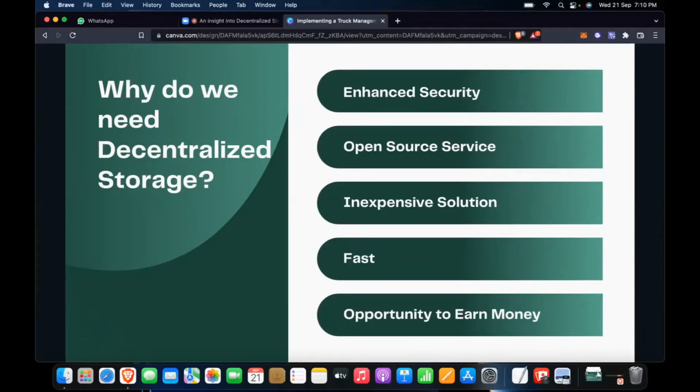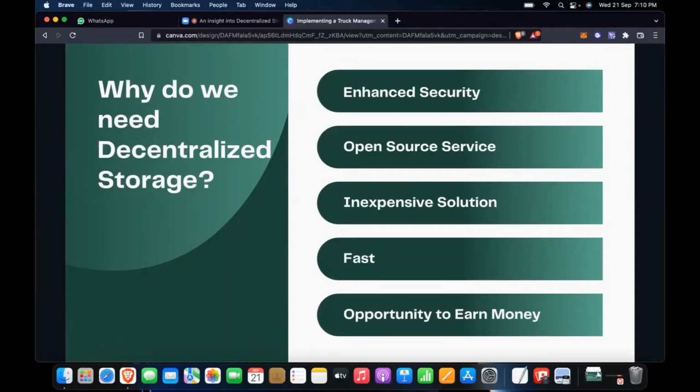It's an open source service. Anyone is able to utilize and use it. It's an inexpensive solution. The central storage database is an expensive affair, and time and money need to be invested in setting up those servers. But decentralized storage is a computer network, so they even reward the users who provide storage on their system.